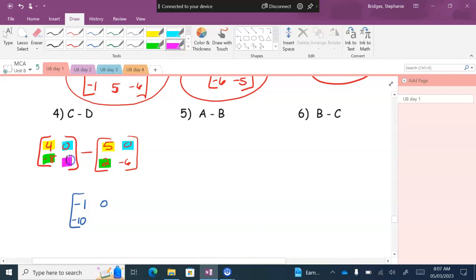And then 1 minus -6. Try that again. 1 minus a -6 turns into +7. So the answer to C minus D is going to be -1, 0, -10, 7.